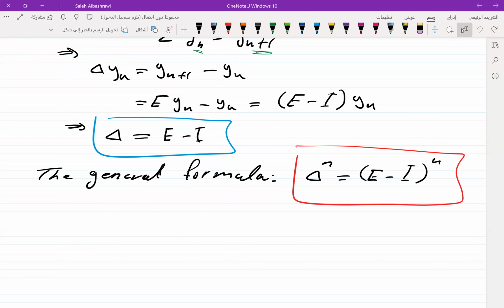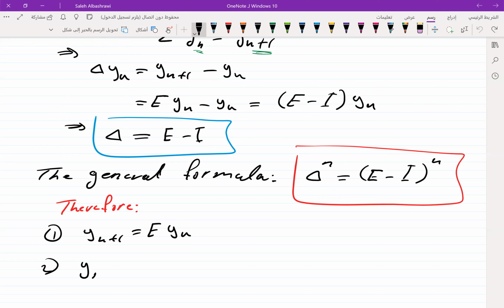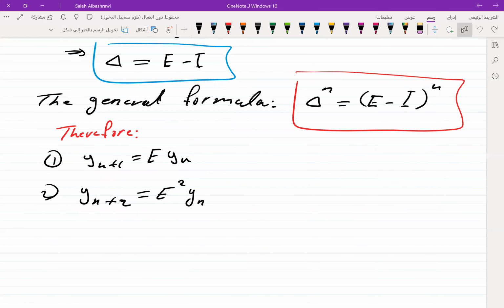And from this one, we have this list. 1. It says that y sub n plus 1 equals E y sub n. 2. y sub n plus 2 is equal to E square y sub n. 3.